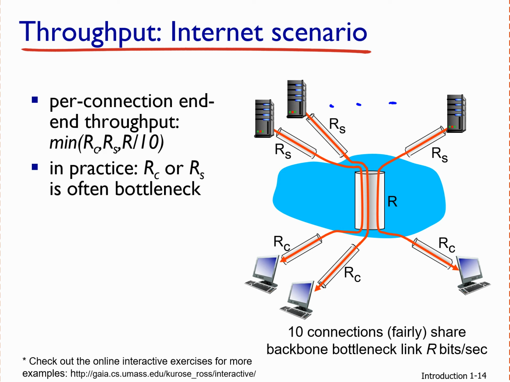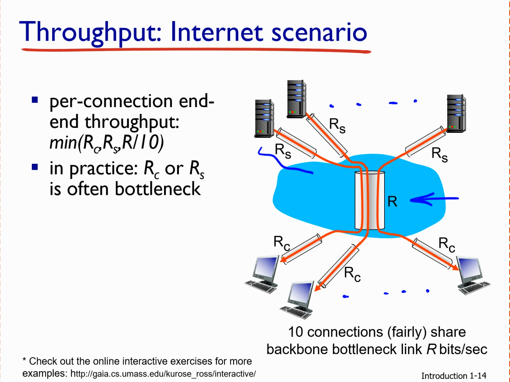Let's look at this example here. We have the network core, which consists of a router and a set of links. Let's assume we have 10 servers and 10 clients. All these are connected through the core. Let's assume we have the link from the server to the core.